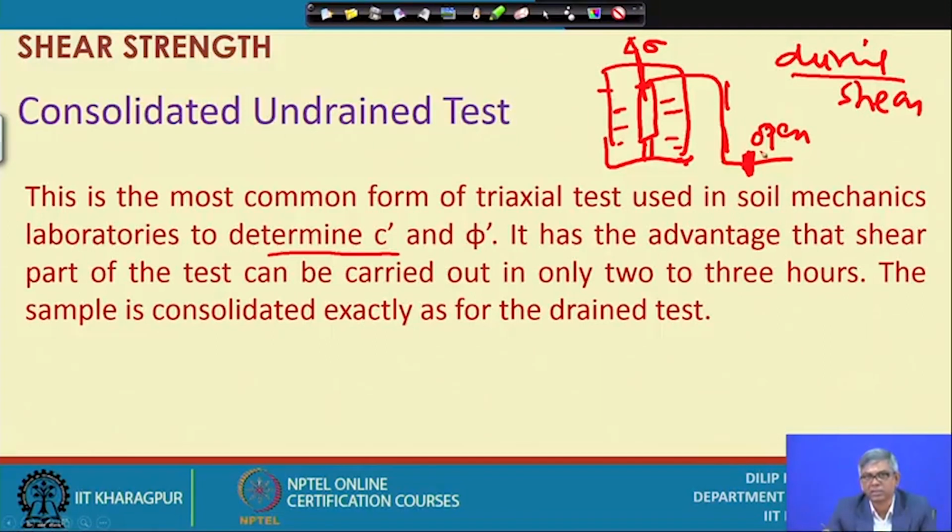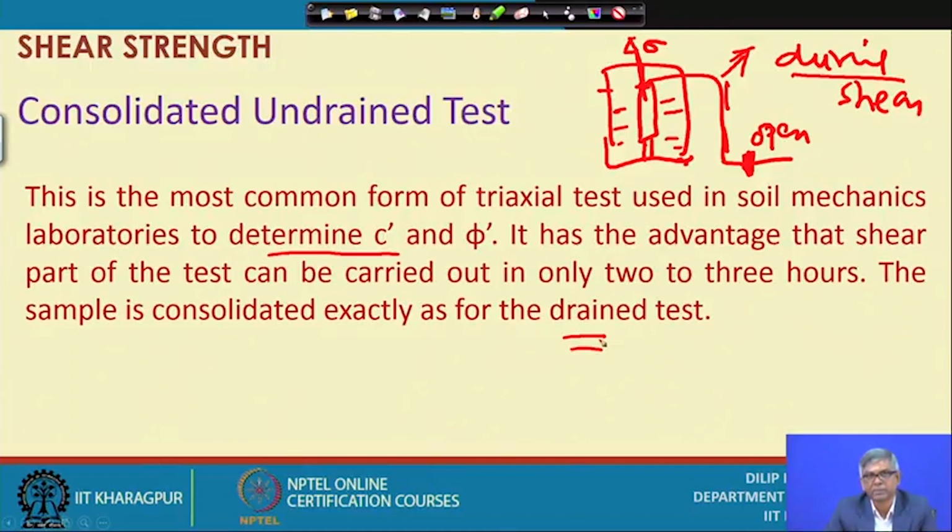From this undrained test we get one set of data, and then subtracting the pore pressure you can plot another set of data, and that will give you another shear strength parameter. This way, by conducting the consolidated undrained test, we can get both the undrained parameters and also the drained parameters.